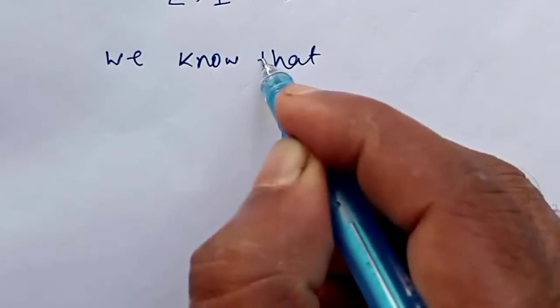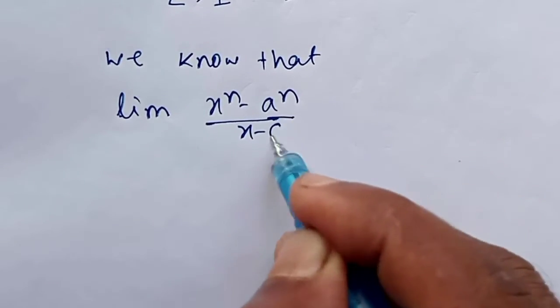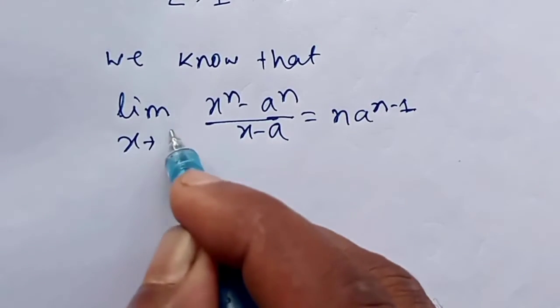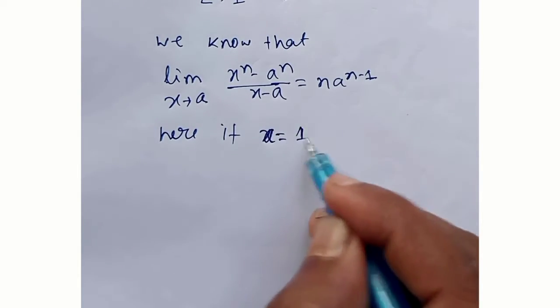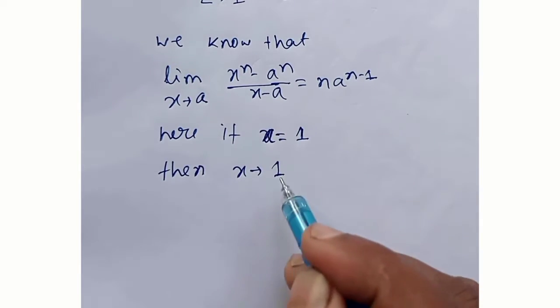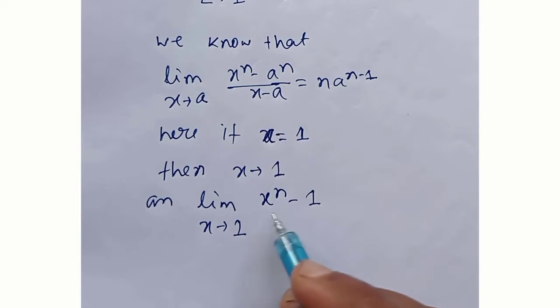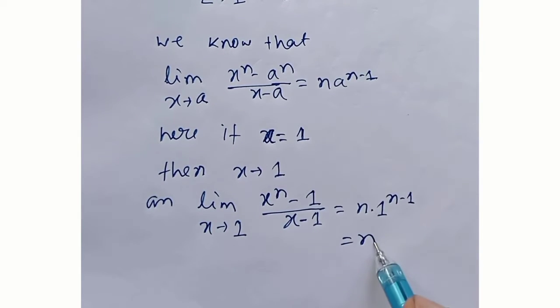So you can understand now this becomes a formula of limit x tends to a, (x power n minus a power n) by (x minus a), where a equal to 1, right? And we know that the limit value is n a power n minus 1. So guys, put the value of a as 1, so it will be n into 1 power n minus 1, so simply n, right?